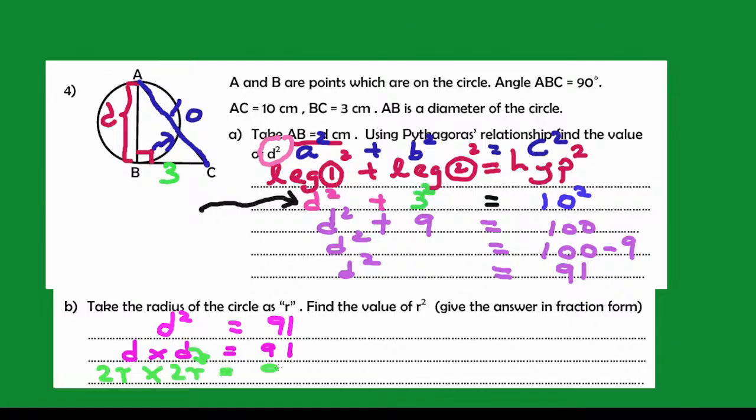So 2r times 2r is 91. There's no space for me to go downward, so let me continue here. So what is 2r times 2r? That's 4r squared equals 91. So then r squared is equal to 91 divided by 4, since multiplication by 4 goes to the other side as division by 4. So they want us to find r squared, and we did find it. It is 91 over 4.